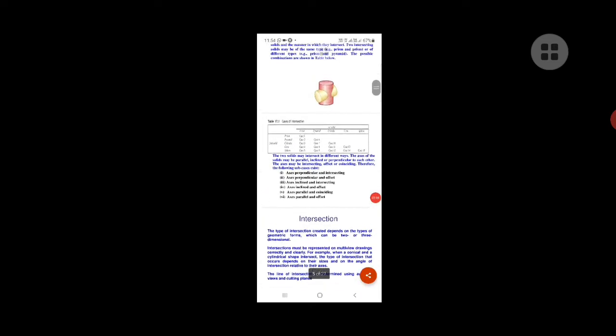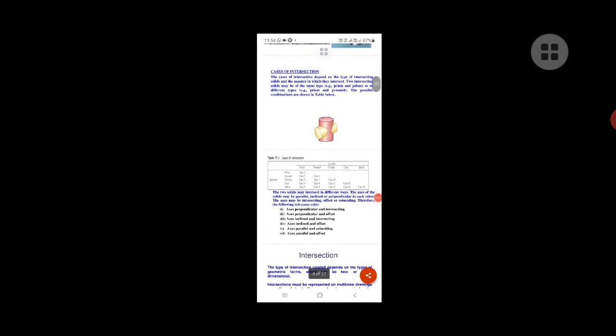The cases are: axes perpendicular and intersecting, perpendicular and offset, inclined and intersecting, inclined and offset, parallel and coinciding, and parallel and offset. Write down these curves of intersection first, then start the next section.